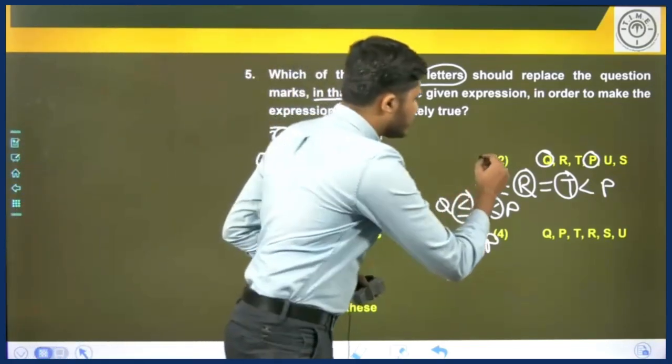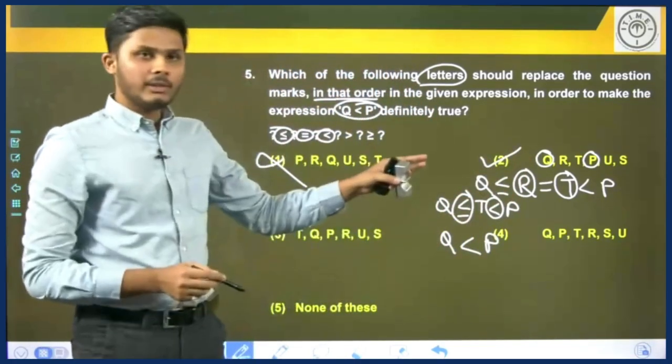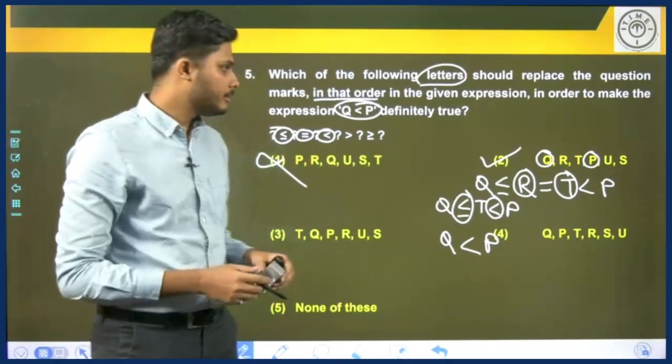Hence option 2, the letters will replace the question mark.